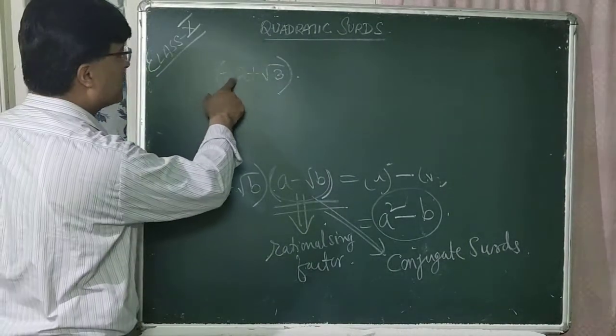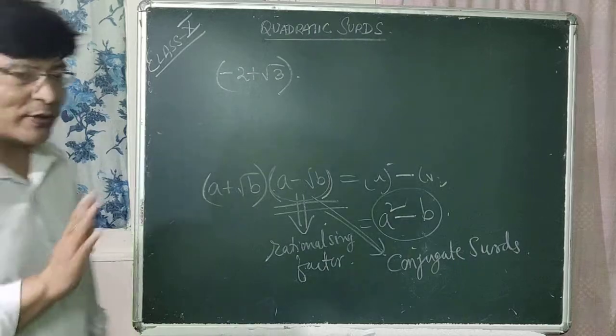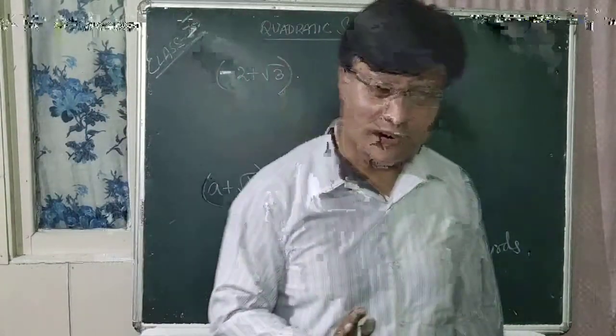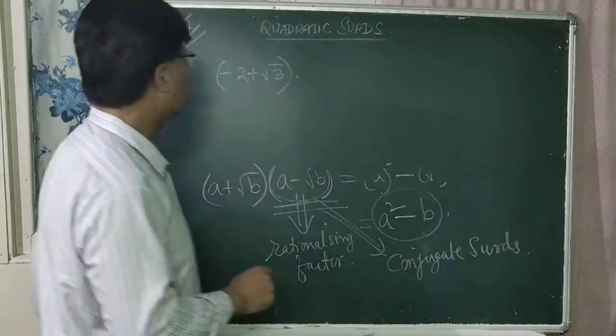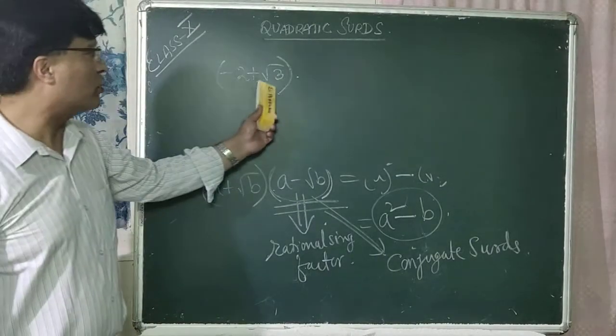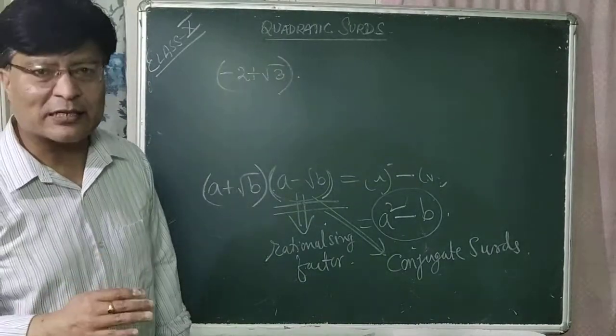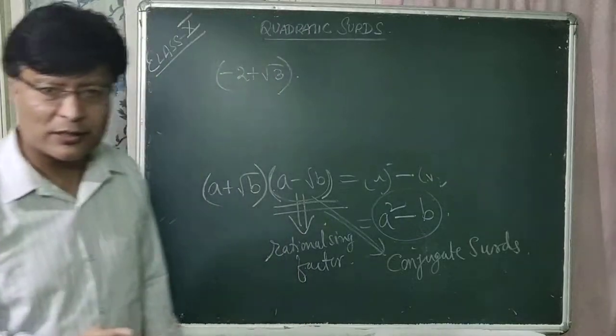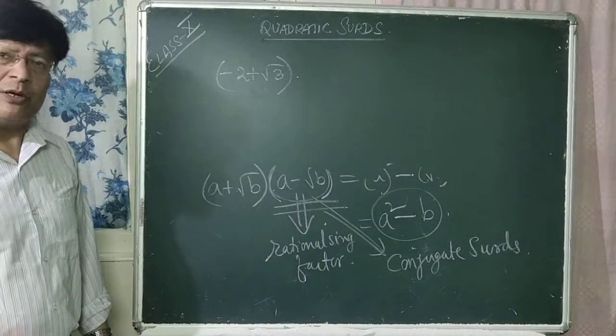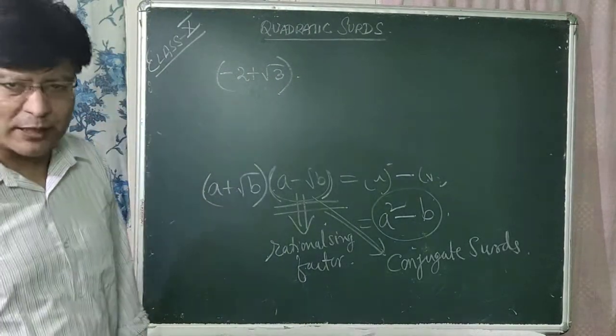The rational part is minus 2, because it has no square root. And plus root over 3 is the irrational part, or it is known as a surd. We also call it a mixed surd, or simply a surd.